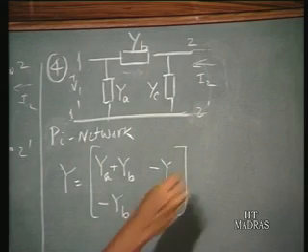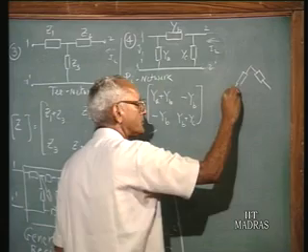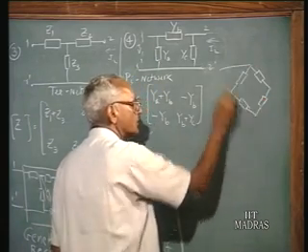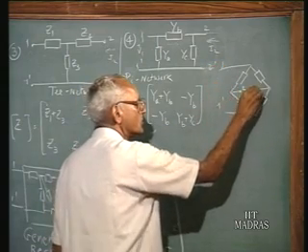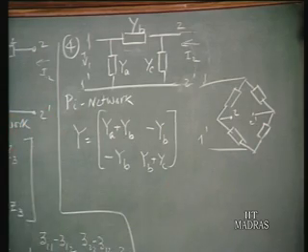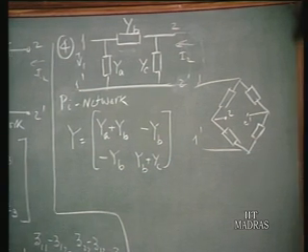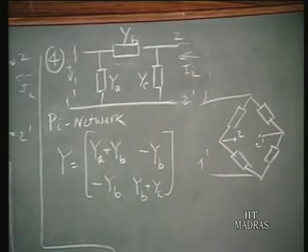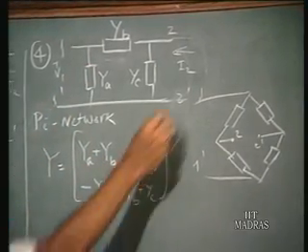For example, if I have a 2-port network in this fashion, suppose this is port 1, 1 prime, and this is port 2, 2 prime. There is no common connection between 1 prime and 2 prime. In such cases, the transfer admittances may have positive coefficients or negative coefficients or both. But on the other hand, if it's a 3-terminal 2-port, you have negative coefficients like this.